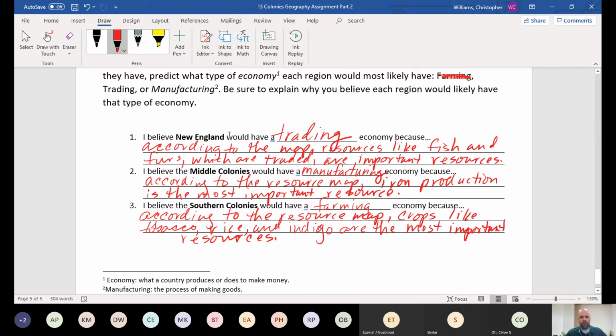What people in New England do to make money is going to be vastly different from the Southern colonies. And why is that? Because of their farming ability. Okay? Let's face it, if the Southern colonies have the best possible setup for farming, meaning the longest growing season, the best soil, the best landforms, why would they do anything different? Okay?